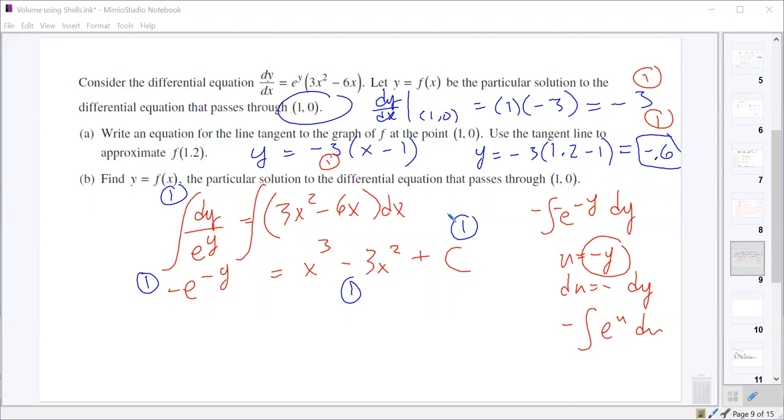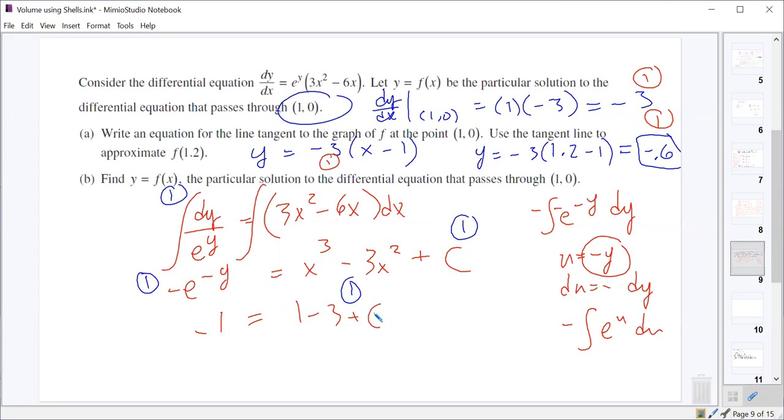1 point for finding c. So plugging in x equals 1, y equals 0. So negative e to the 0 is negative 1, right? Negative of e to the 0, right? Negative 1. And if we plug in 0 over here, that's just c on the right-hand side, right? I'm putting in 1. Sorry, my fault. Putting in 1. 1 minus 3 plus c.